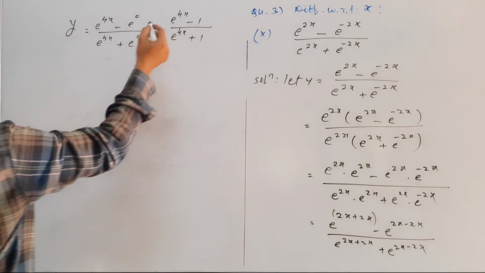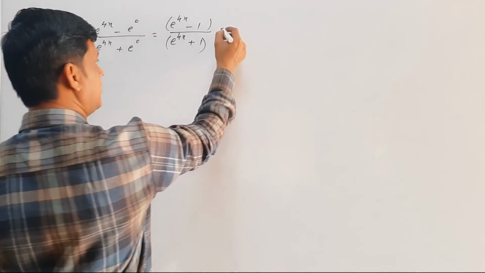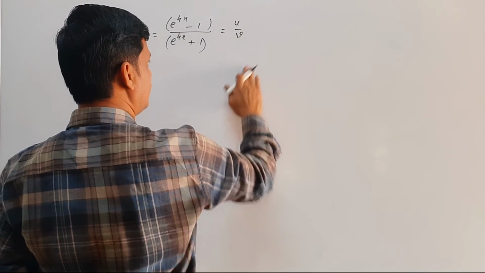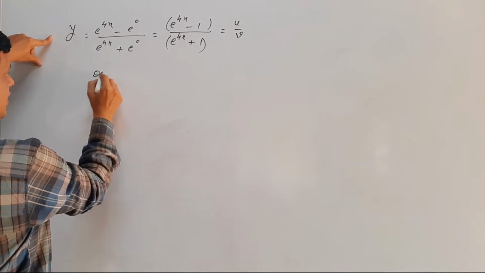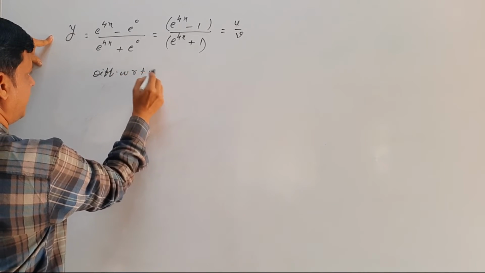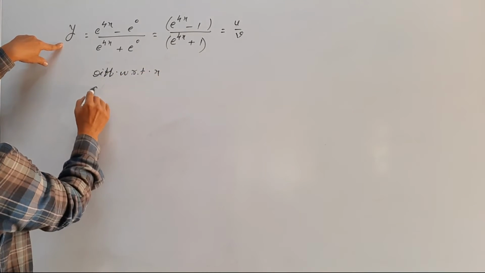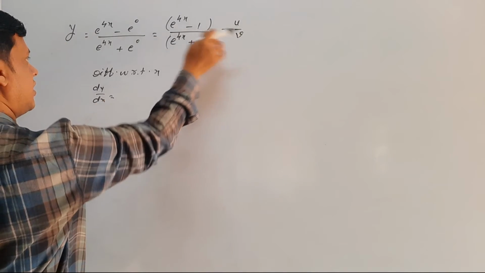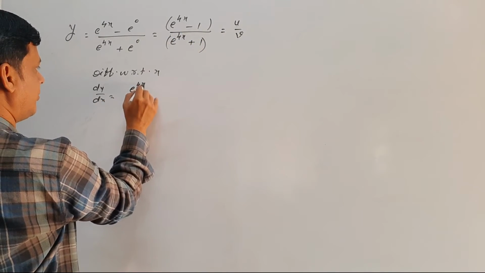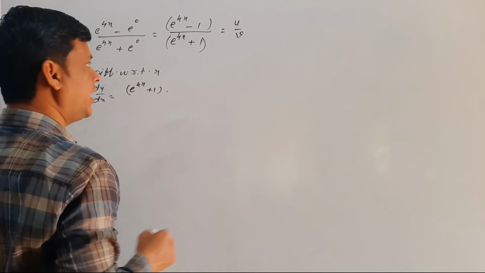So we have to apply the quotient rule here. We write u upon v. So you have to apply the quotient rule here. So we differentiate with respect to x. Therefore the derivative of y with respect to x, dy by dx, is: v, whose value is e^(4x) + 1, into the derivative of u.